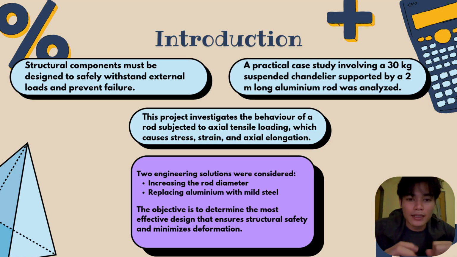Two engineering solutions were considered. First, increasing the rod diameter, which is a geometric modification. And second, replacing aluminium with mild steel, which is strong and lightweight.